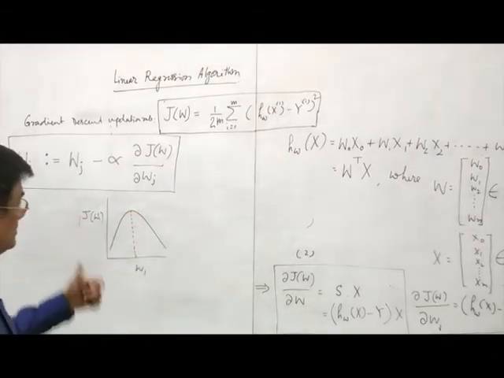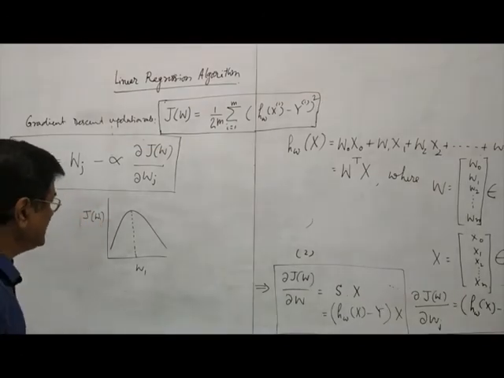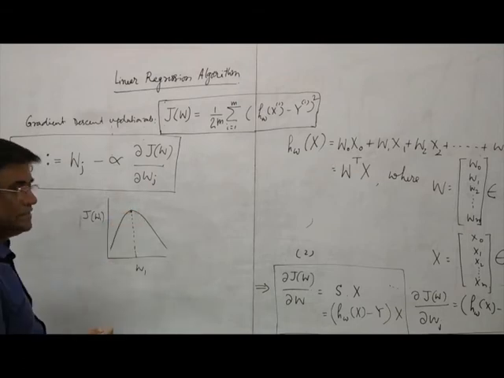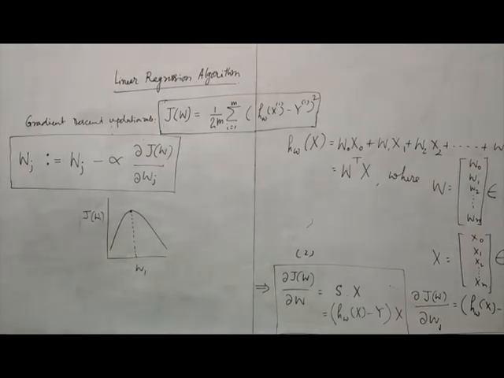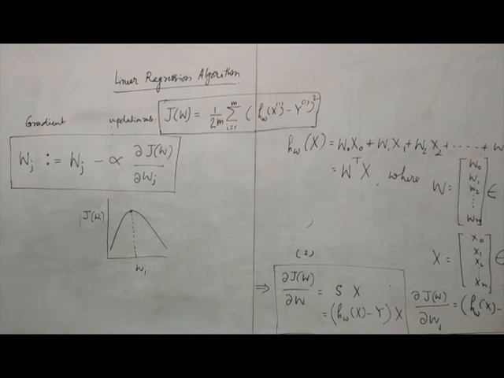Or if J represents a reward function, then I will try to maximize the reward. In that case, the problem we need to solve is known as gradient ascent.